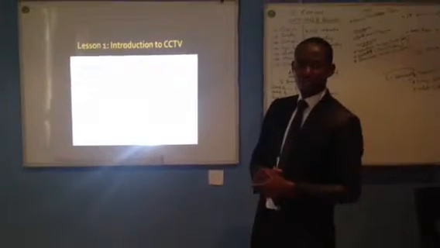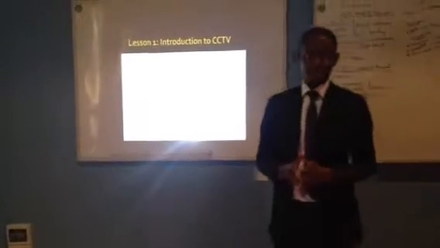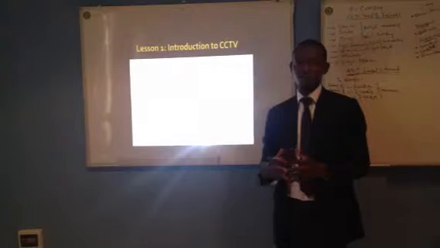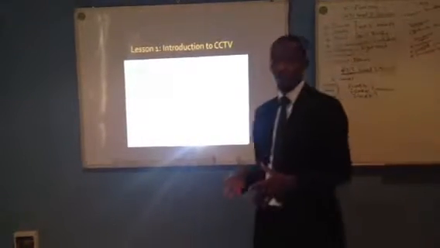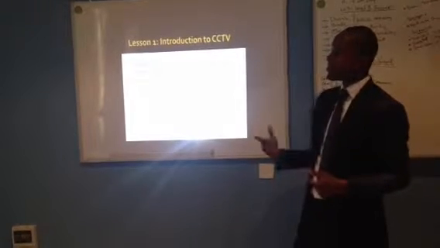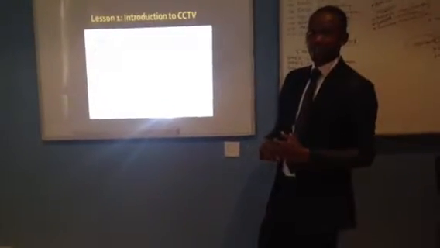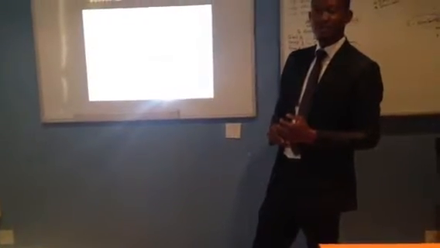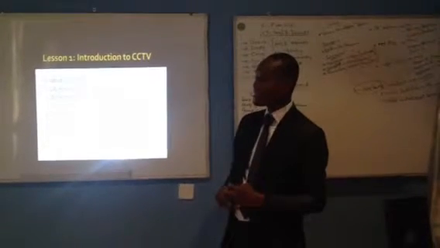What are the basic components of a CCTV system? For every system, there must be basic components. These components are what allow us to do backup, to monitor, and at the same time to record over a long period of time. One of these basic components is the cameras. For every CCTV system, there must be a camera, and what the camera does is to capture every event.